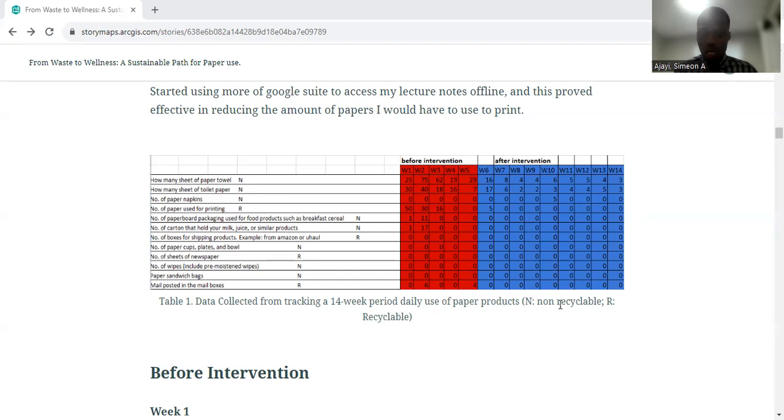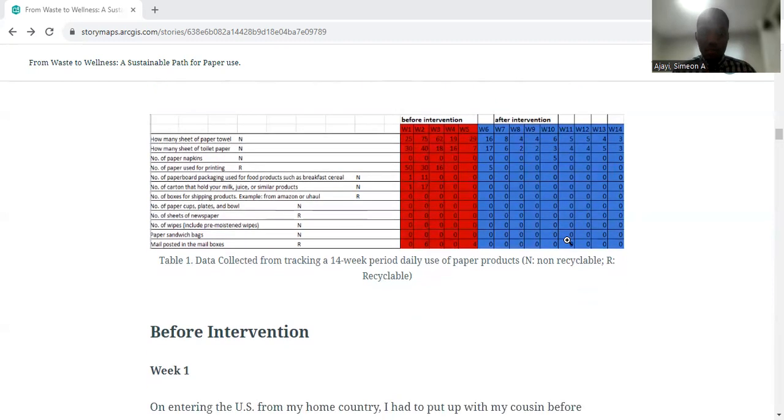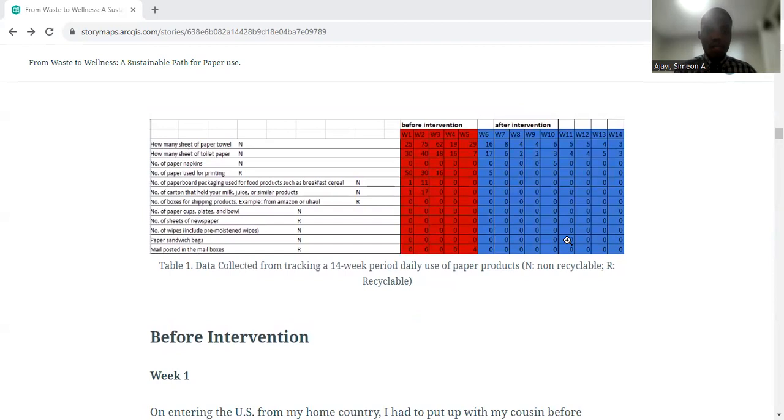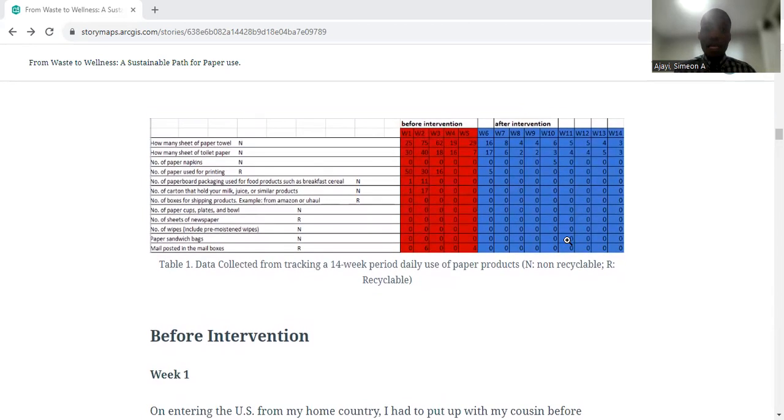So these are the results, the data I got for week 1, week 2, week 3, week 4, week 5, week 6. This is just a table showing the data I collected. Next, I'll be talking about each week, how I came about the data and my daily activities for each week.